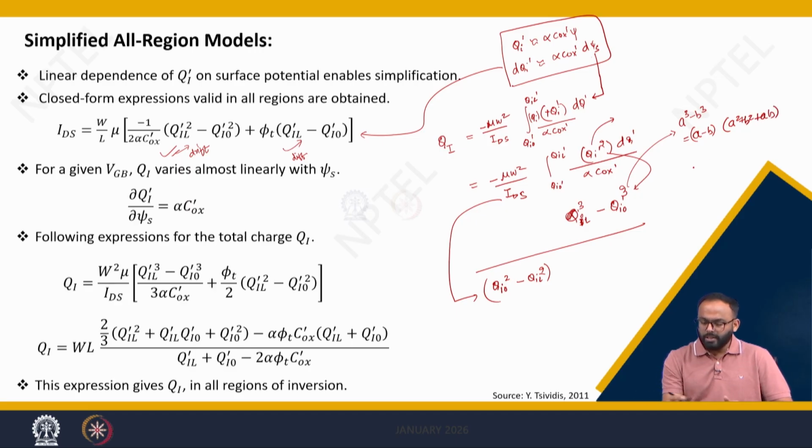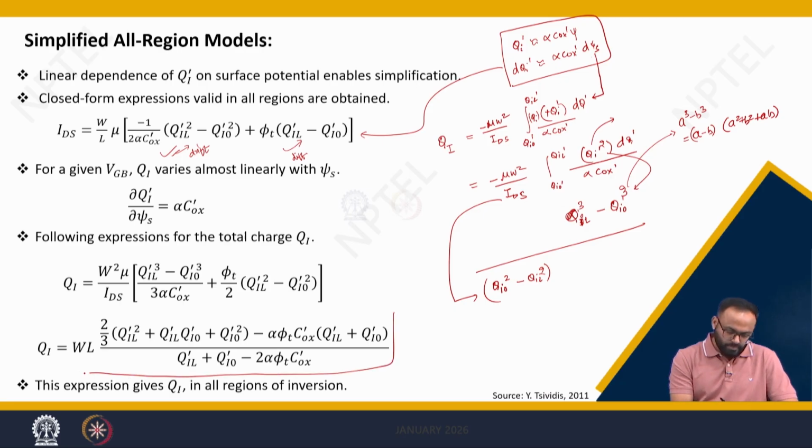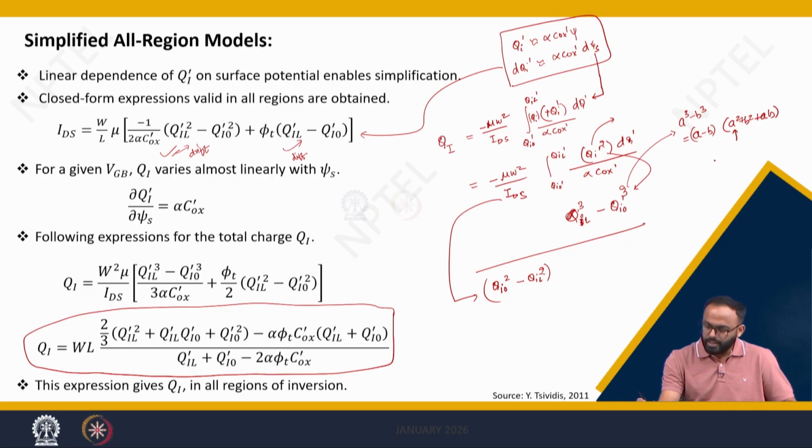Now you can simply relate what I am saying with the final expression. The final expression will come out like this, where a is Qi dash 0 and b is Qi dash L. So you can simply rewrite as Qi dash L square plus Qi dash 0 square plus ab, so Qi dash L into Qi dash 0.